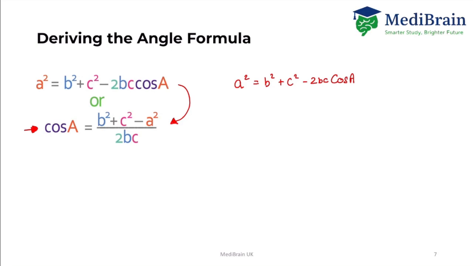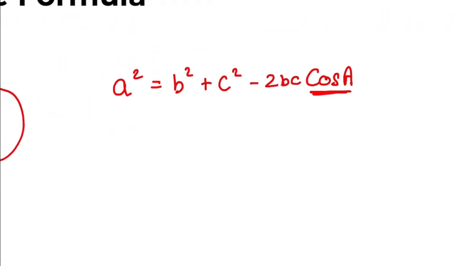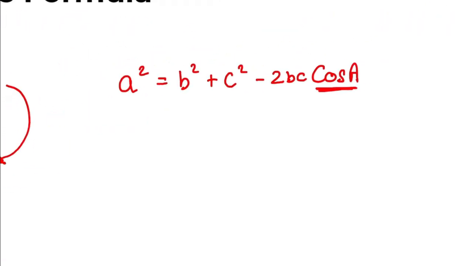All we need to do is make cos a the subject of the formula. You can either just learn this. I'm pretty sure this is given on the formula sheet as well. But it's always helpful to know how to derive it in an exam. In order to make it the subject of the formula, you're going to get rid of everything.